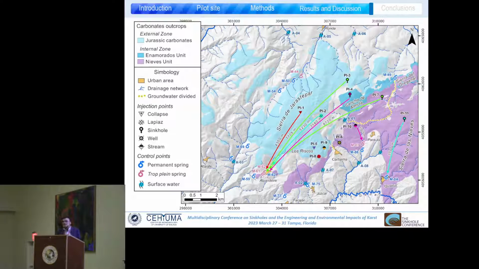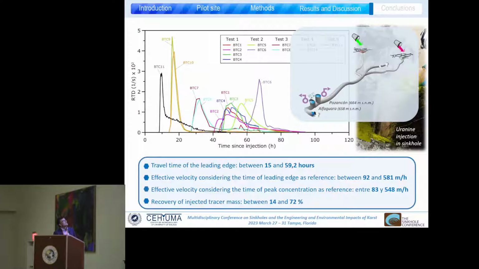So the geological structure really conditions the flow path toward this karst spring, and most of them are really in connection. So we have many breakthrough curves. You can see here just some of them.